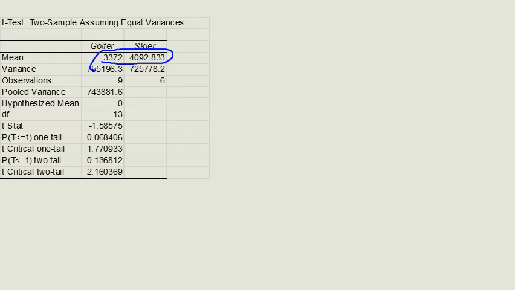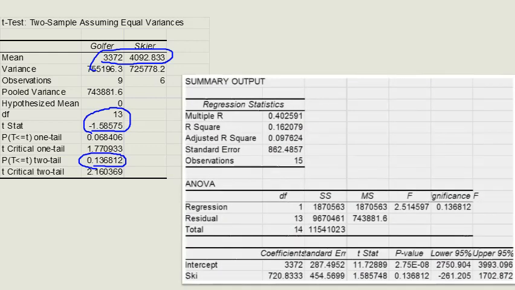And the difference between them is the foundation for the t-statistic seen here with 13 degrees of freedom and this p-value. This is not significant, so we cannot say that there is a difference between spending on skiing and golf holidays. Now let's look at the regression with the indicator variable.